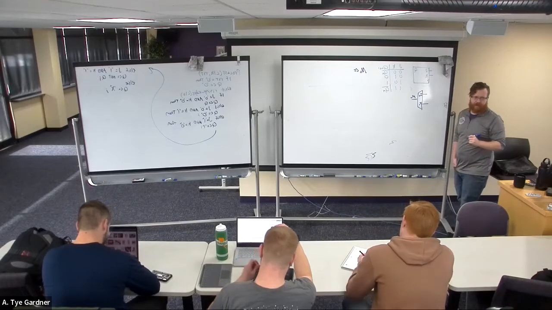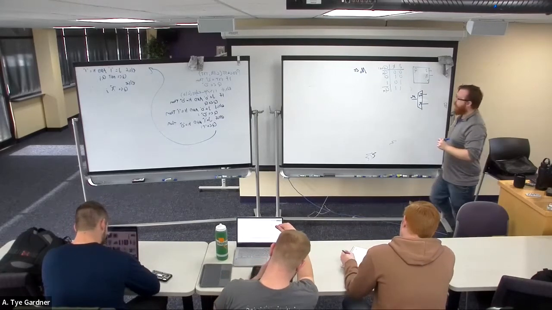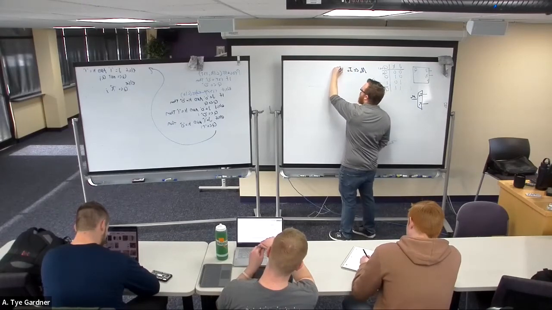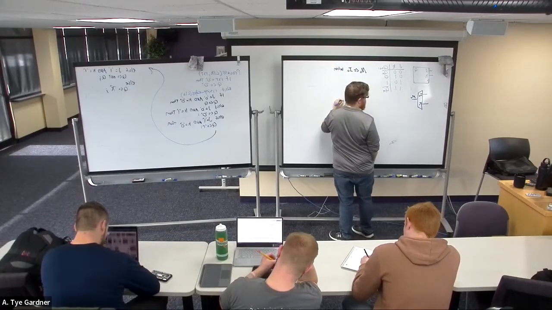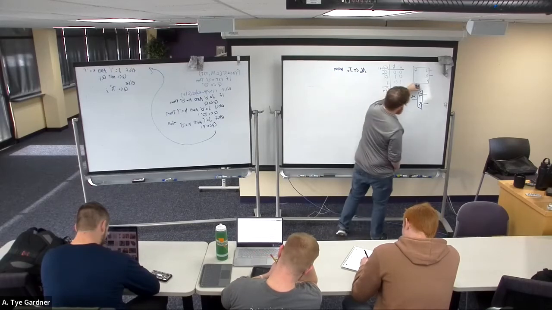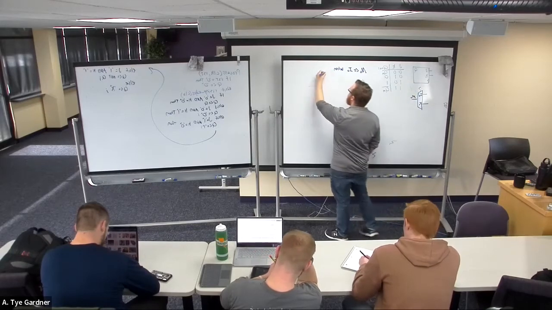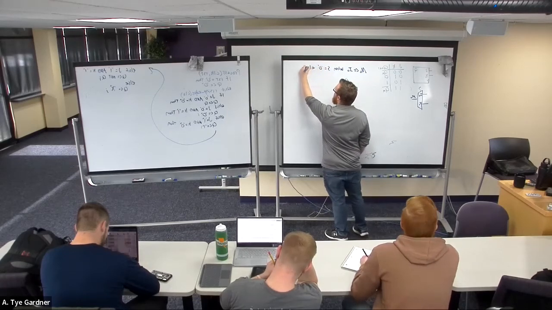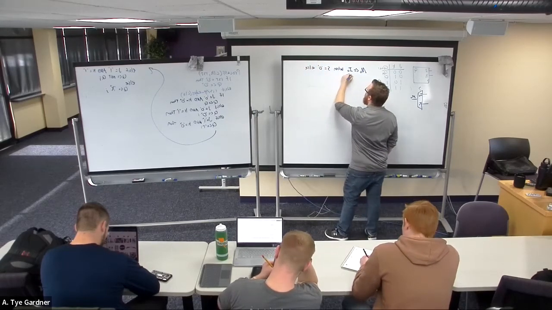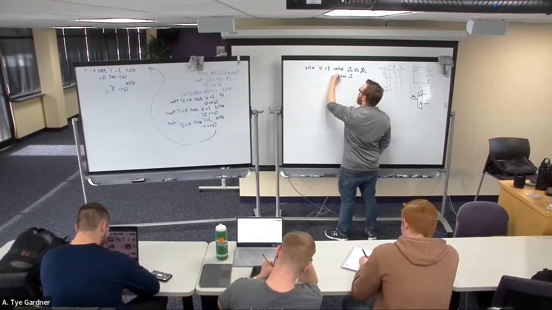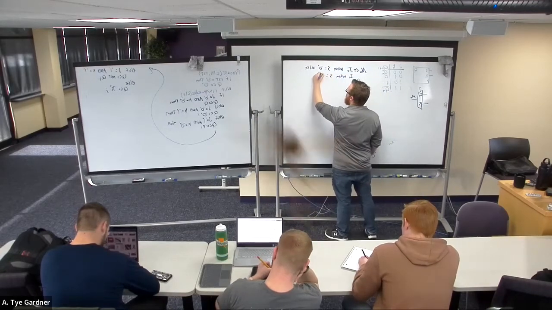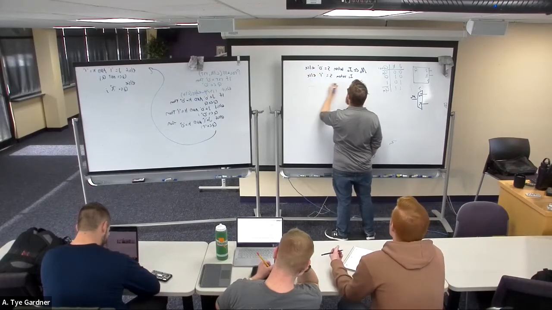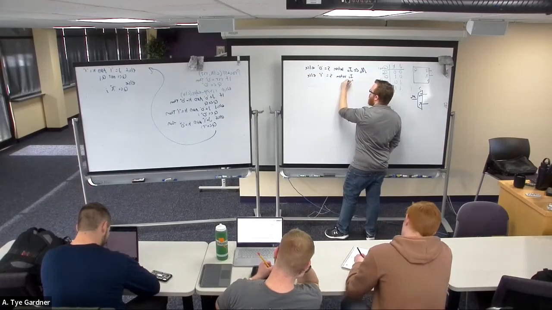Okay, this is the mux that I'm going to build. So the mux is I0 when, oh, I need S for select, right? S equals 0, else I1 when S equals 1, else X.